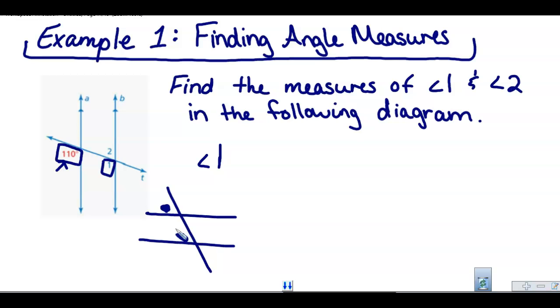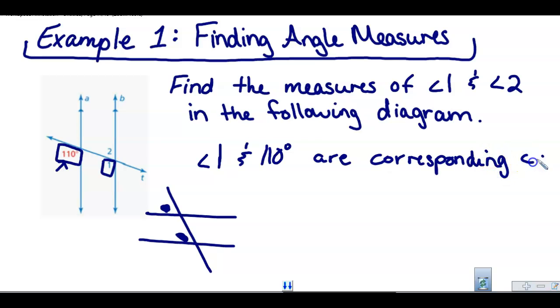This, again, is called corresponding. So angle 1 and 110 degrees are corresponding angles. Because they are corresponding angles, the reasoning is very important here. So we now know that angle 1 is also equal to 110 degrees.